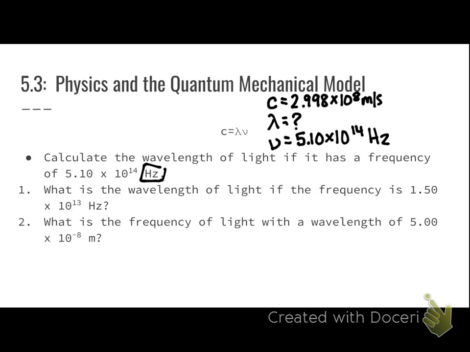So to set up this problem, we have two variables, and we're looking for the other one. And so we're going to plug those into our equation. So our equation should look like 2.998 times 10 to the 8th meters per second is equal to lambda times 5.10 times 10 to the 14th hertz.